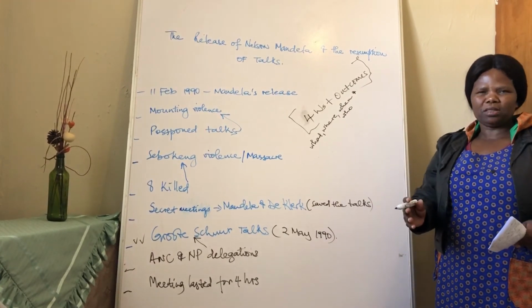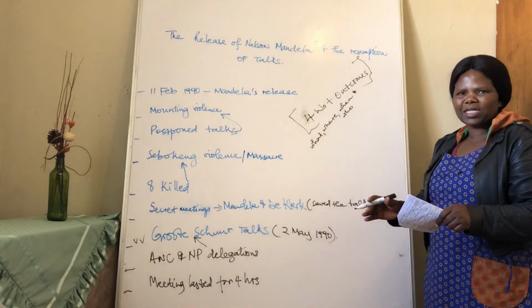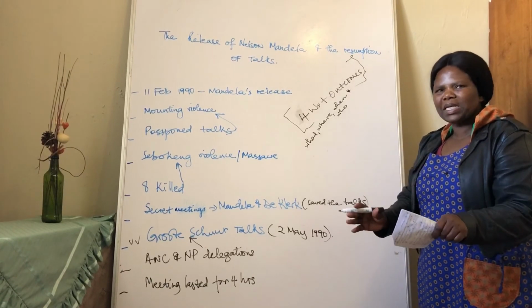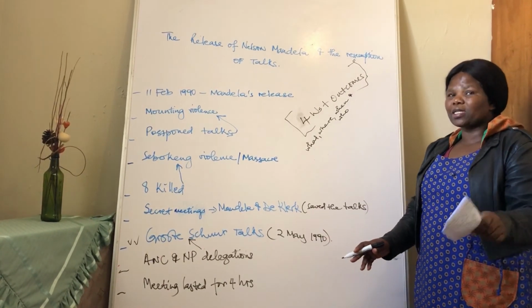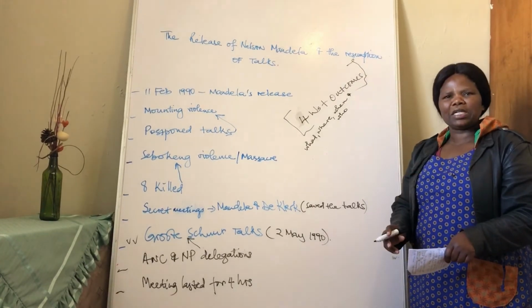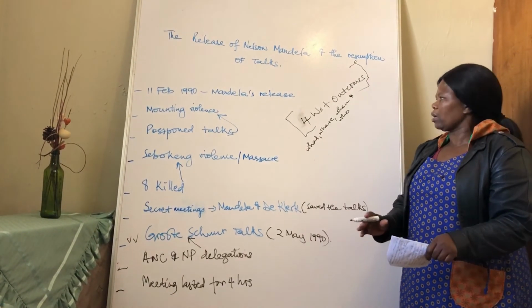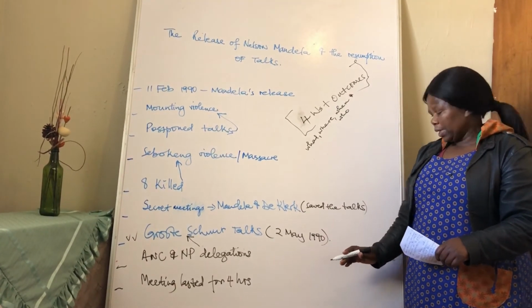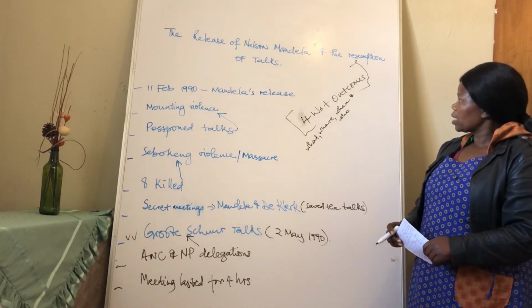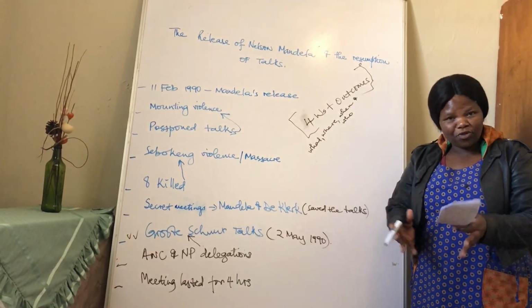What meeting? Whenever you're going to discuss, know your what. What meeting am I going to talk about? I'm going to talk about the Grooteskill meeting. That's the answer to the what. Where was the meeting? The meeting was at Grooteskill. And when was the meeting? The meeting was on the 2nd of May, 1990. And who were there? The issue of the delegates.